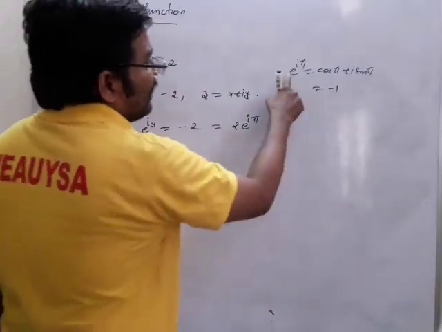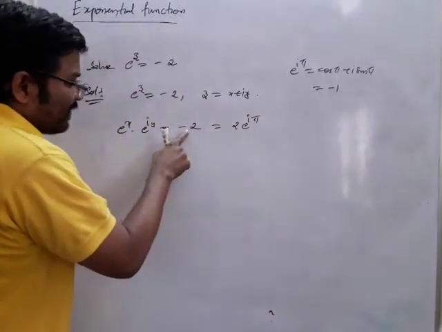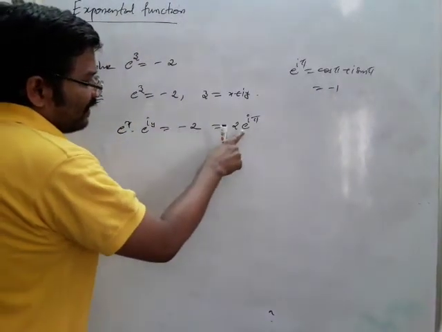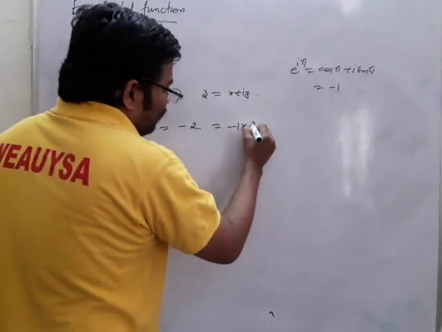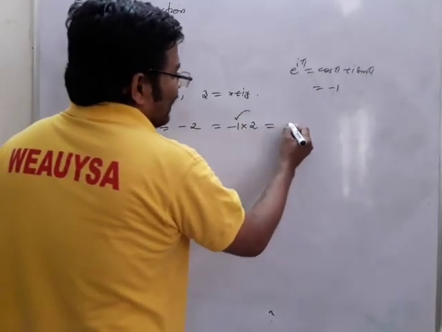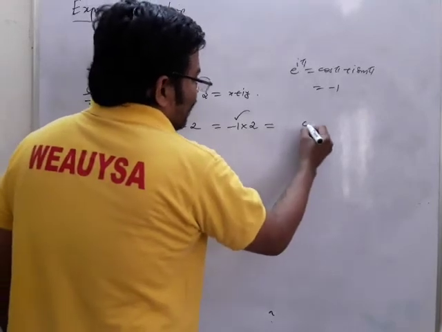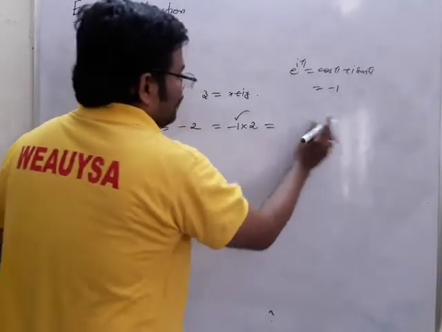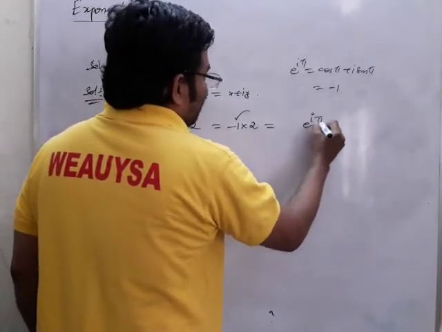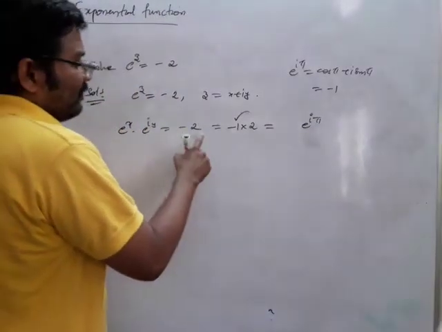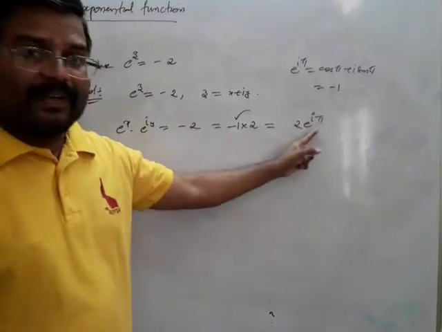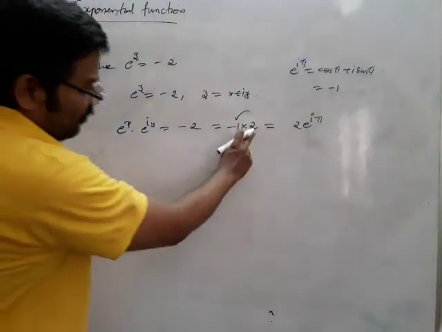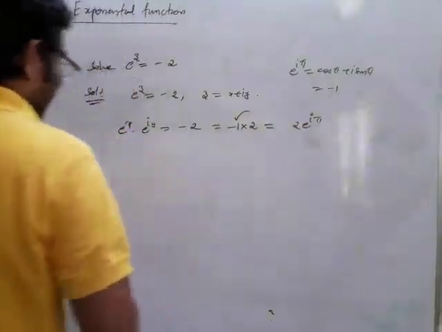So therefore you will get e^(iφ) is -1. The 2 is as it is, I am just taking 2 like this: 2 into e^(iφ). 2 is this, and -1 is e^(iφ).